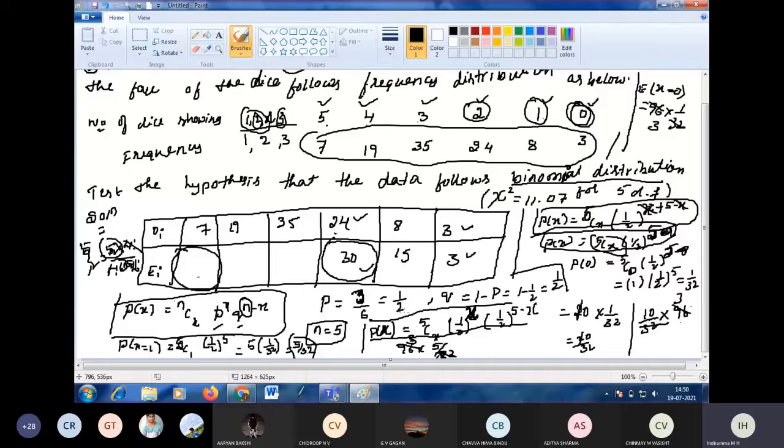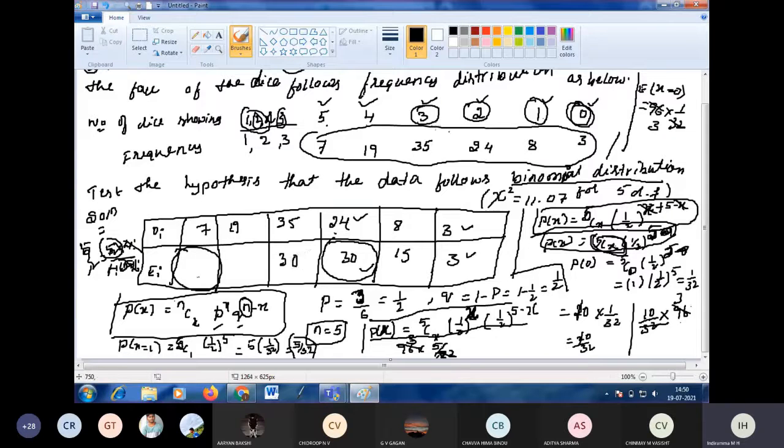Okay, next, put x equal to 3, 5C3 into 1 by 2 power 5. What is 5C3? 10. Same, we will get 10 by 32 into 96, that is 30 only.